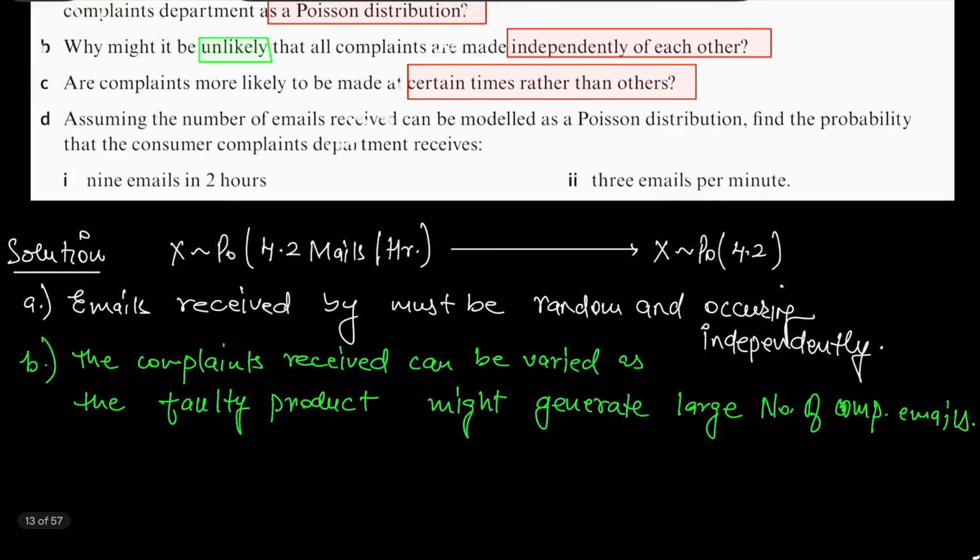Okay, now what is part C conveying to us? Part C says, are complaints more likely to be made at a certain time rather than other? I will say yes, definitely.